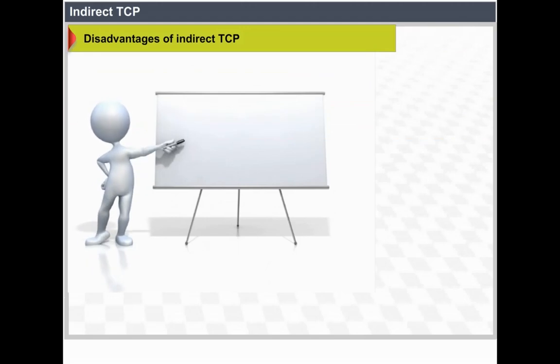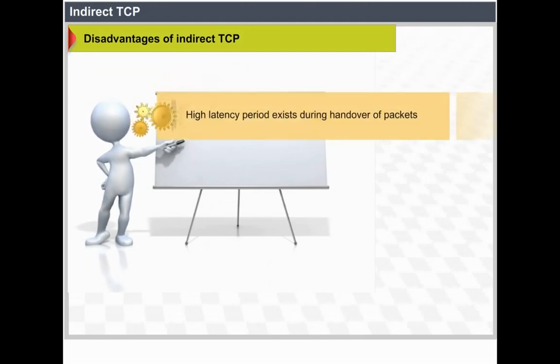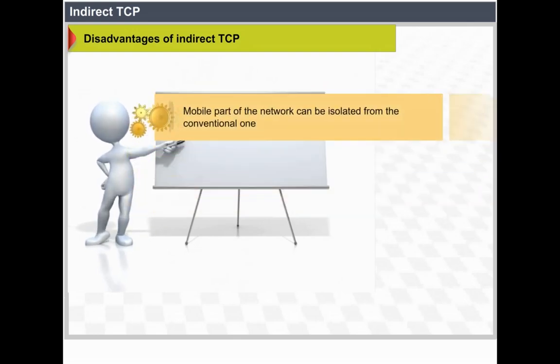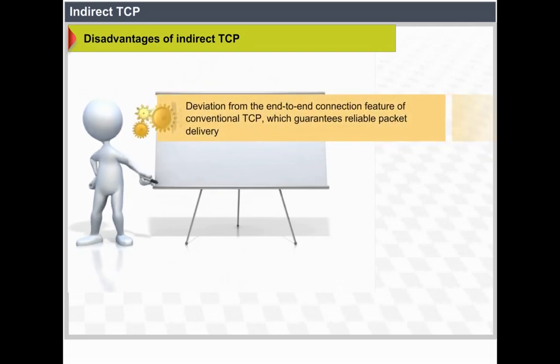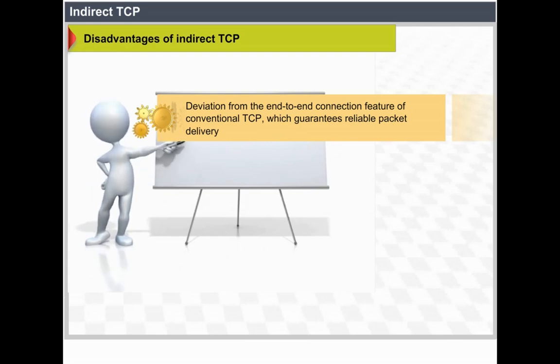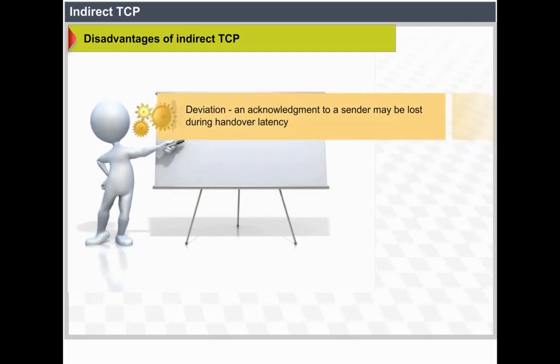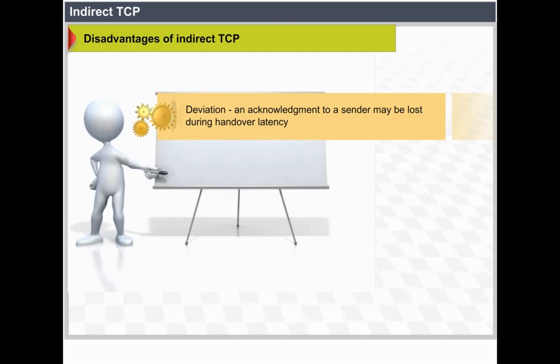Disadvantages of indirect TCP: high latency period during handover of packets; possible loss of data at the base; deviation from the end-to-end connection feature of conventional TCP, which guarantees reliable packet delivery. Deviation: an acknowledgement to a sender may be lost during handover latency.